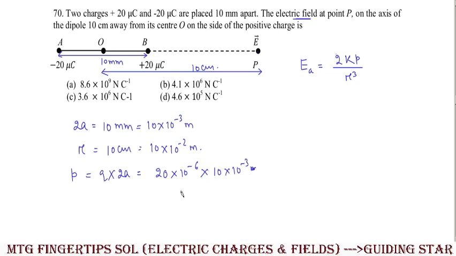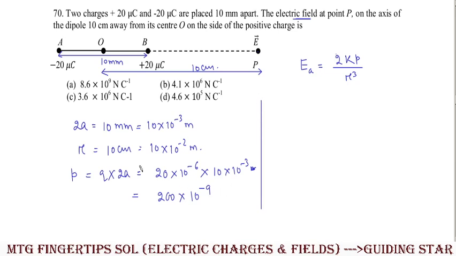So the numerical value will be 200 into 10 to the power minus 9. This will be the dipole moment.